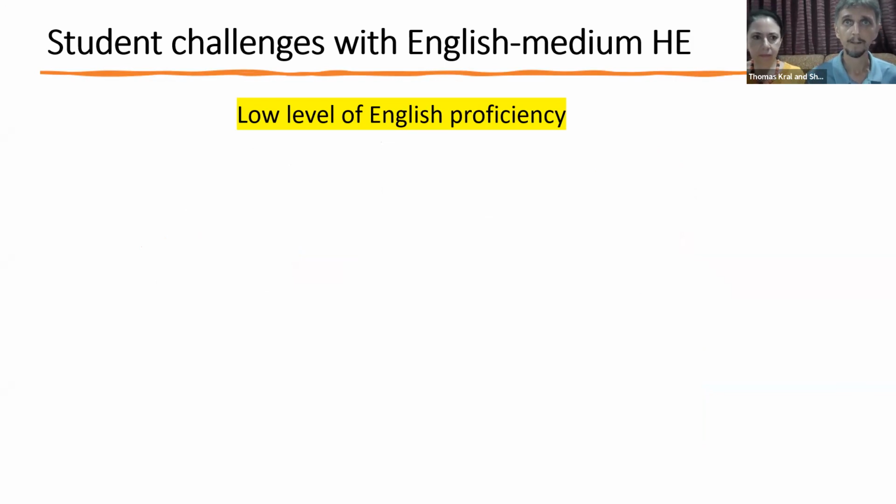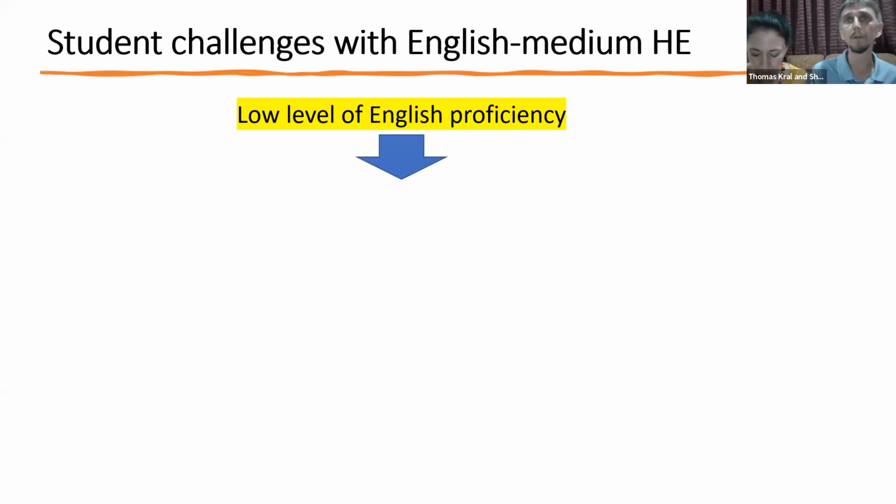For whatever reasons, they haven't had the access to English, the exposure to English, they haven't had very strong teachers, and they come into their college classroom that is English medium, and they struggle. They have a low level of proficiency. And that's interesting. Many of them are concentrating more on learning English than on the content of their course.